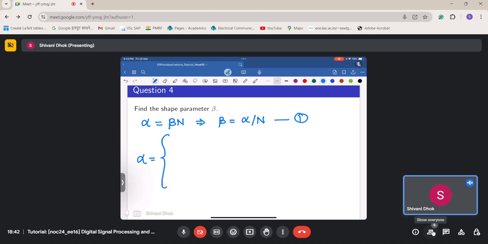So this has 3 ranges. So this alpha is equal to 0 if A is less than 21.